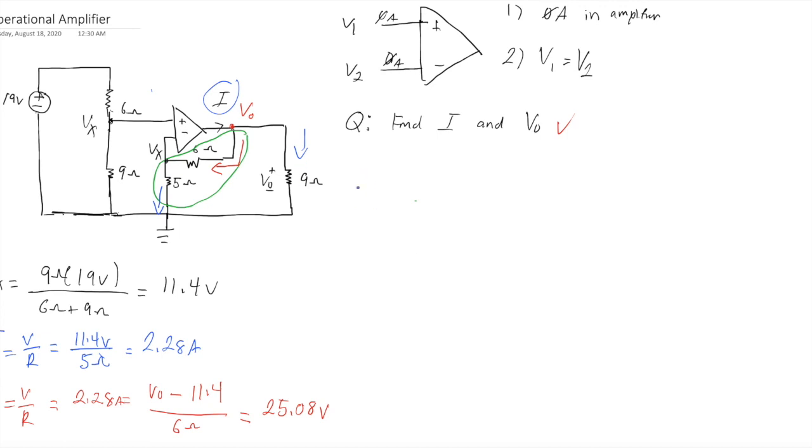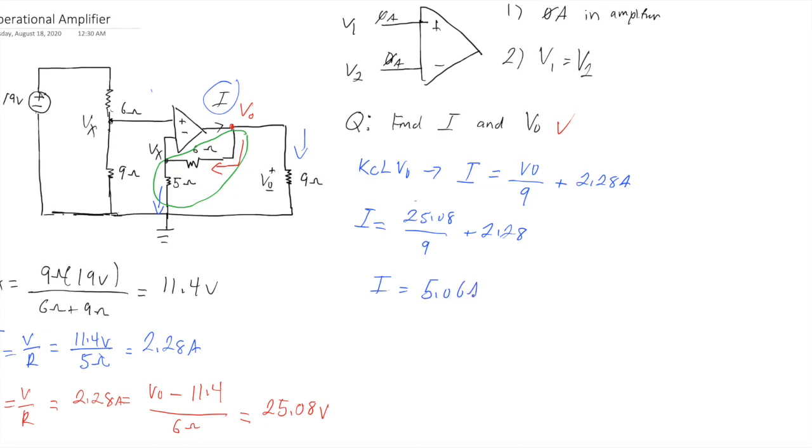So when we do a KCL at V naught, we get I is equal to V naught over 9 plus 2.28 amps, which we found earlier on. Now we can simply plug in V naught as 25.08 over 9 plus 2.28, and that gives us 5.06 amps. Circle that, and let's circle our output voltage.